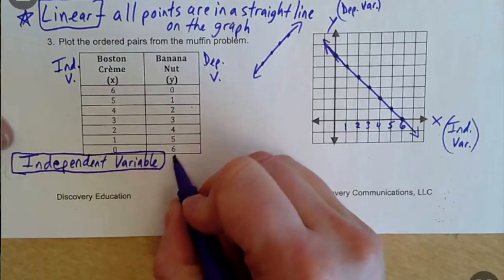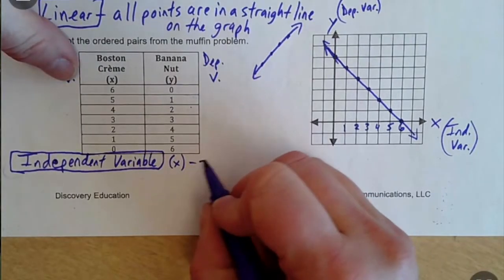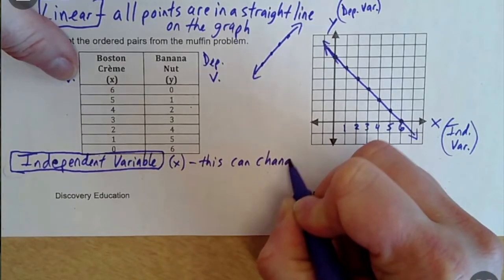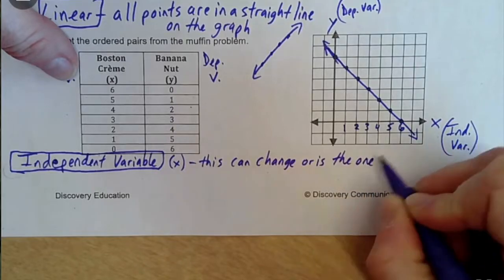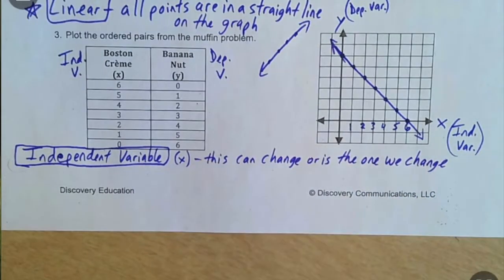It's always our X. This can change, or it is the one that we often change. So you can change up the independent.